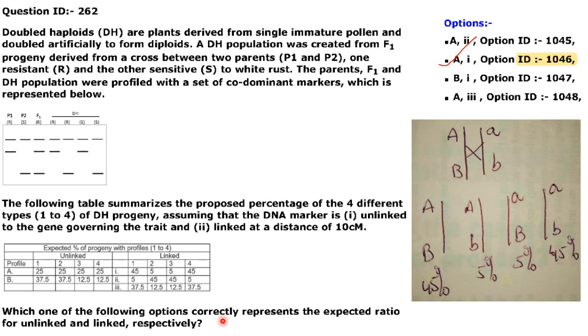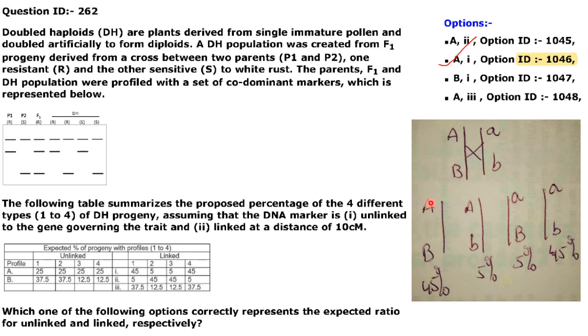So if you see the case of unlinked, you can see that there is equal probability of occurrence. So here if you see A, it is 25, 25, 25, 25 in the case of unlinked, and 37.5, 37.5, 12.5, 12.5. You cannot get 12.5, 12.5. It should be all of the same percentage. So A is correct for unlinked condition.